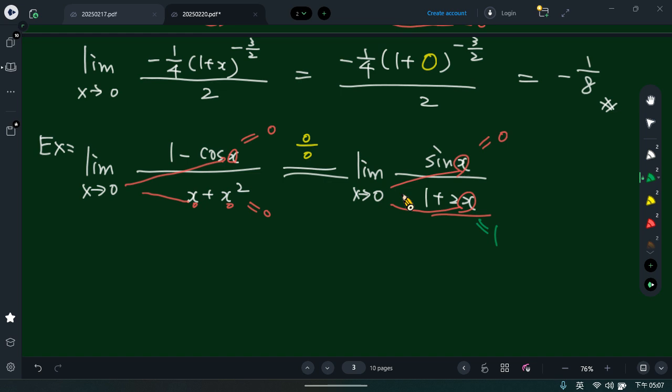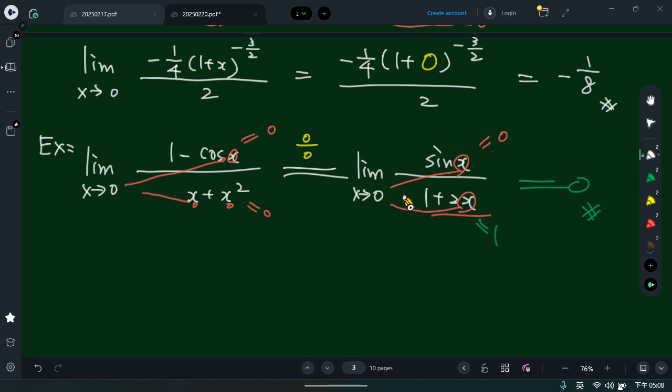Okay? Please do not continuously differentiate both sides. That will cause a wrong result. So you stop here, and the answer will be 0. Please just stop here.